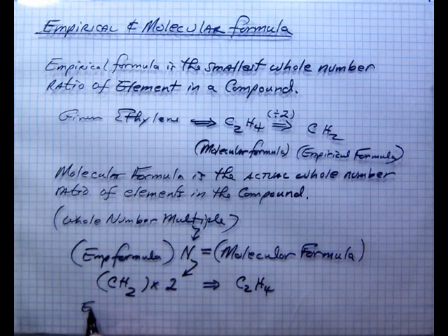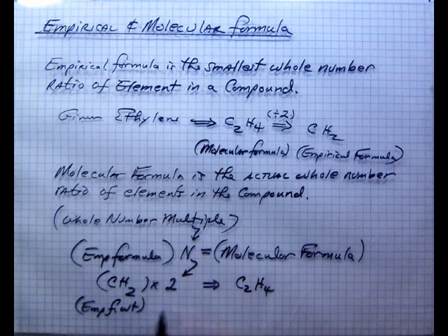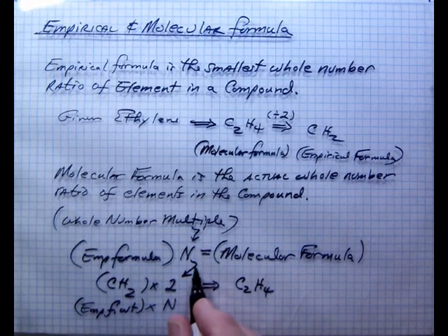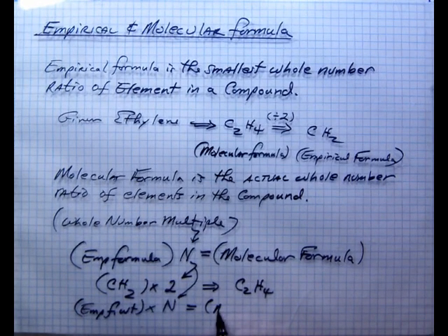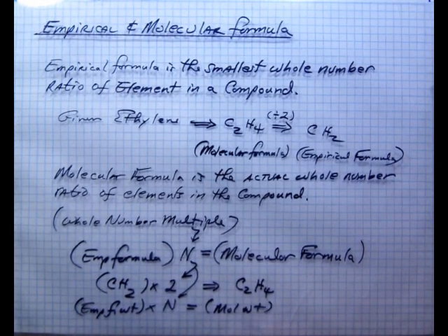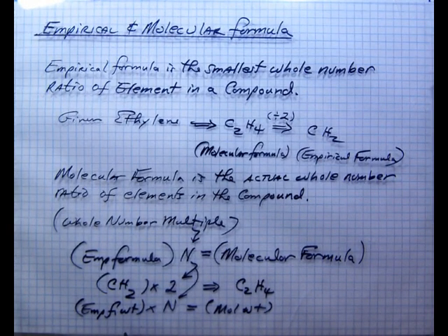So the empirical formula weight, times the whole number multiple, is equal to the molecular weight. We'll work a problem here in a few minutes where you will be asked to determine the molecular formula based on given some data for empirical formula. You will determine the empirical formula, but the one thing you'll have to have in the problem is mole weight. You have to be given this.